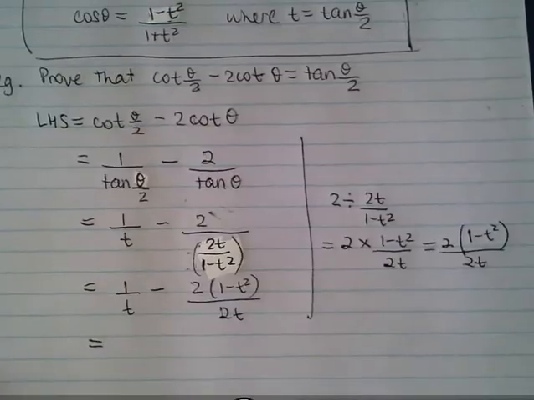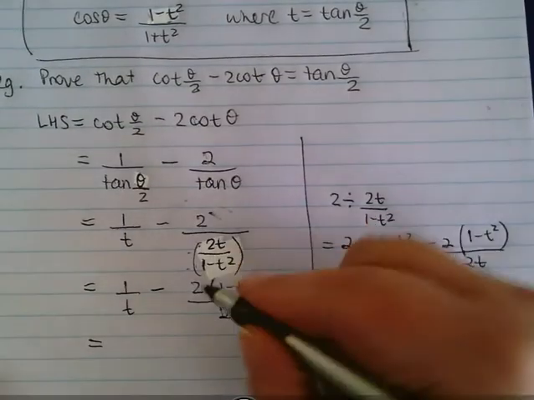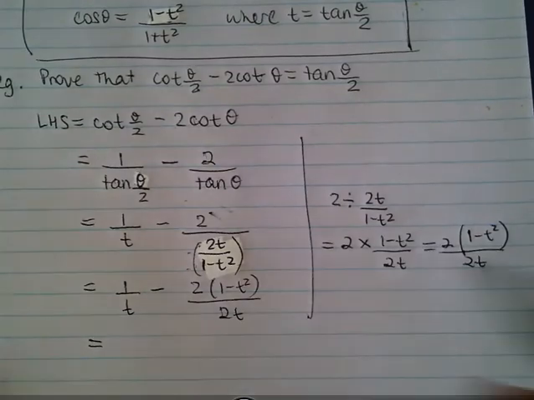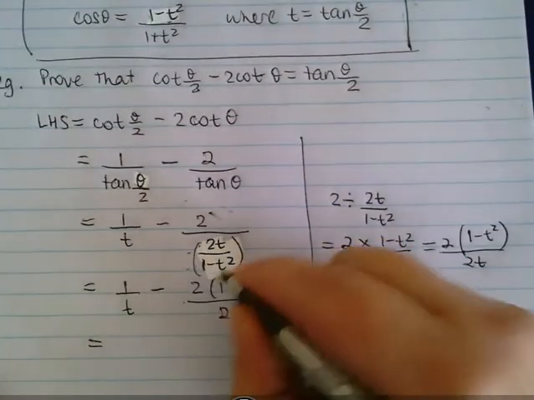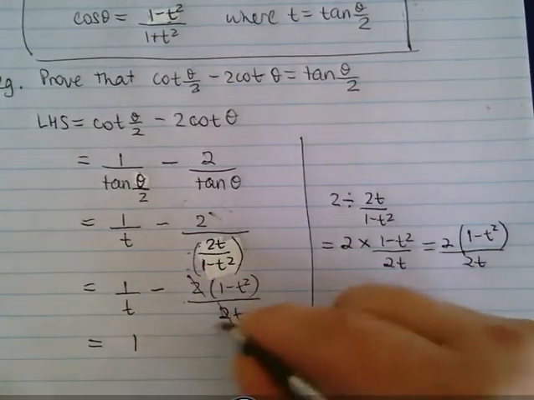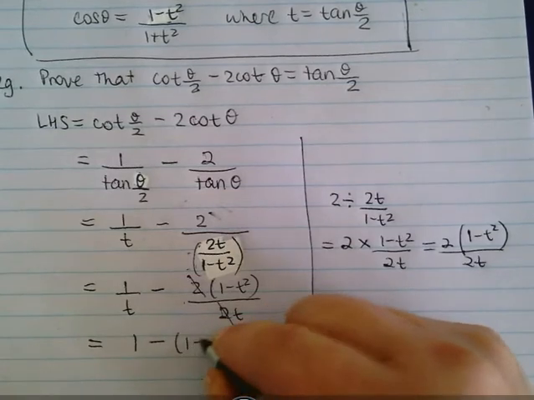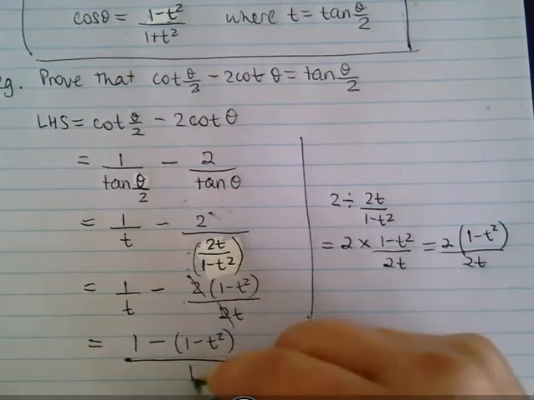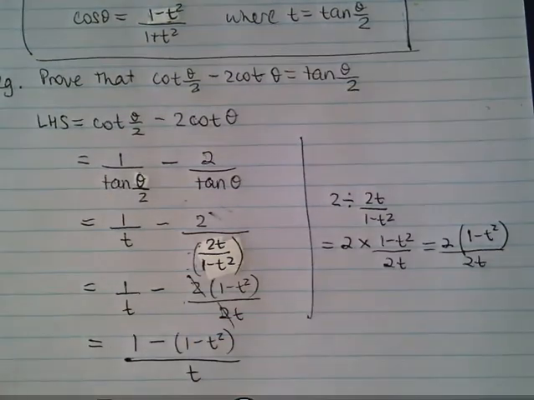Now, what should I do you think? You know, I can go common denominator, or can't I just cancel out the 2's on this? So I've got 1, so my denominator is a t, minus 1 minus t squared all over t, because the 2 denominators are the same.